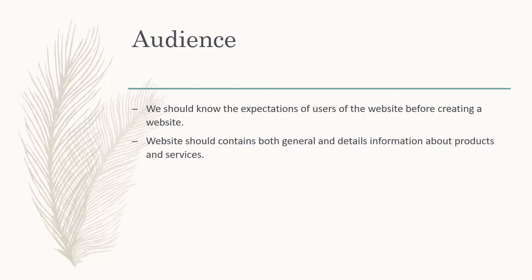The website should contain both general and detailed information about products and services. When we list products, a product has two kinds of information. The first is general, meaning summarized, which gives the highlighted and main details about that product. For example, when we purchase a mobile online, the details of the mobile are given in two ways.